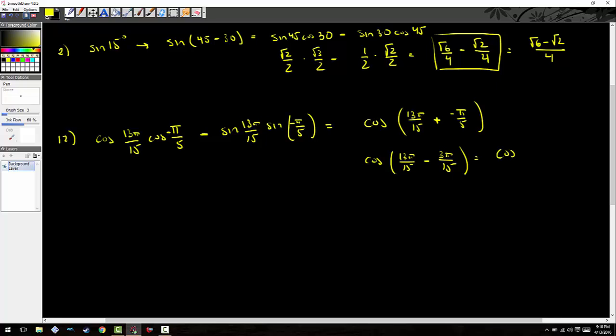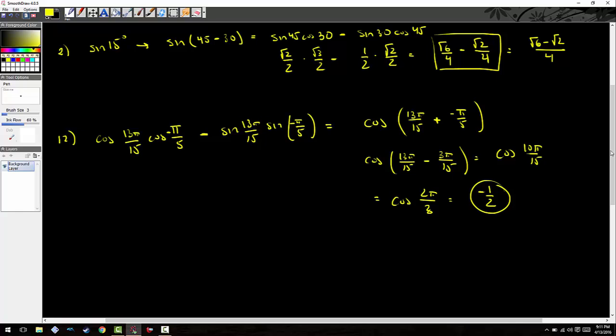It gives me cosine of 10 pi over 15, which is ultimately going to reduce out. Looks like I can divide both by 5. So I get cosine of 2 pi over 3, which ultimately gives me negative 1/2 as the answer.